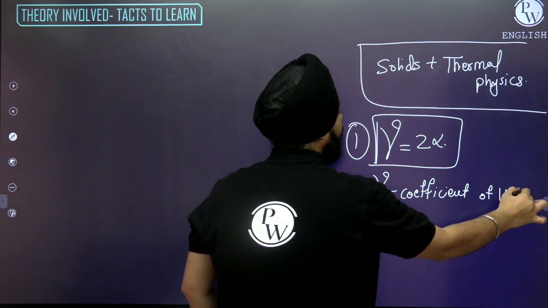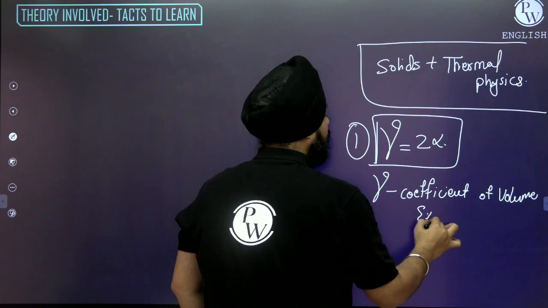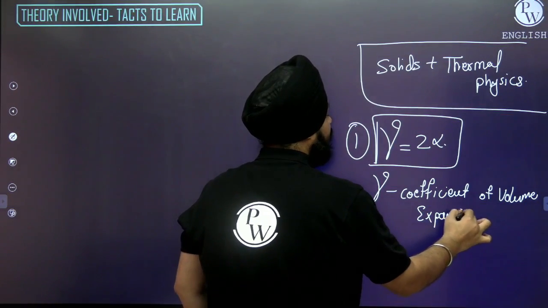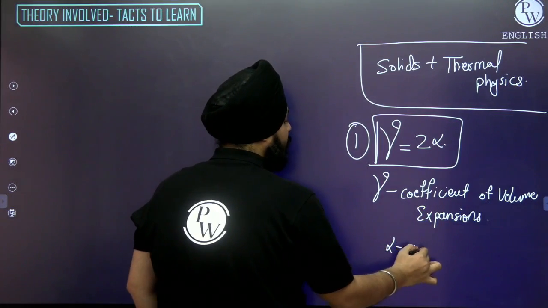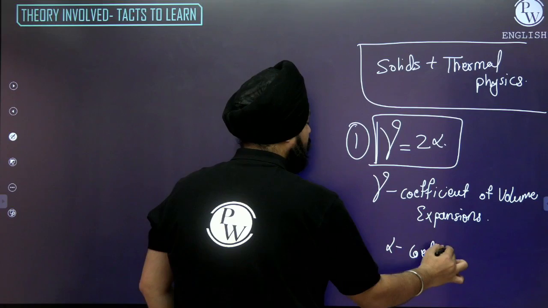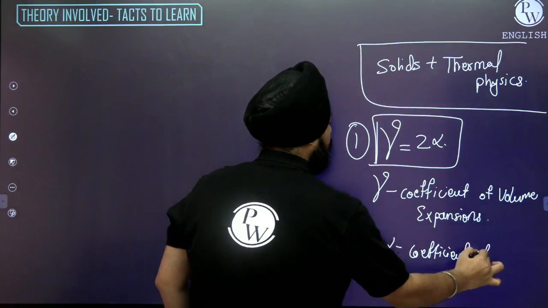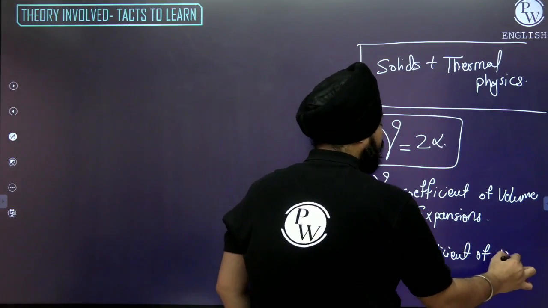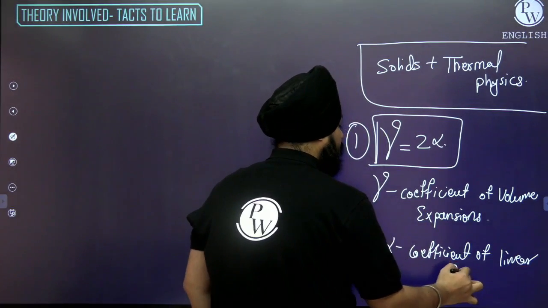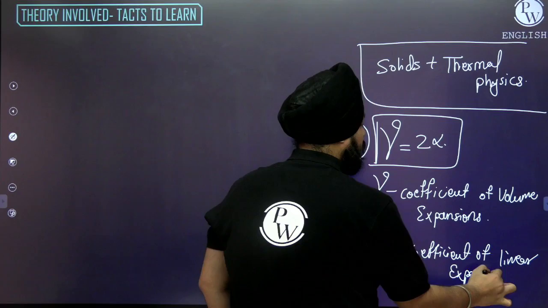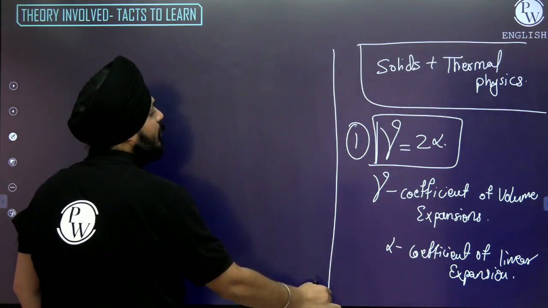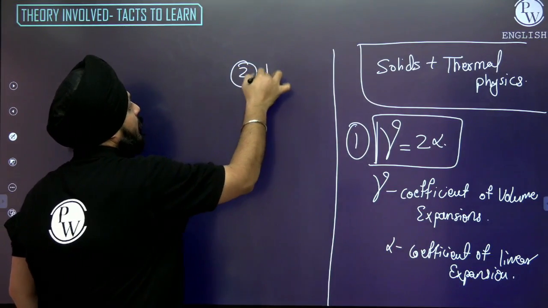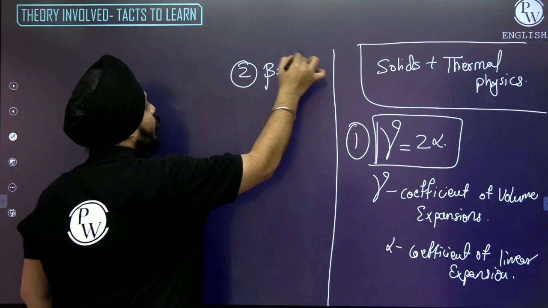Especially for cubes, you can remember. And second, that is alpha, coefficient of linear expansion. Similarly, there is another relation, beta, that is equal to 2 alpha.